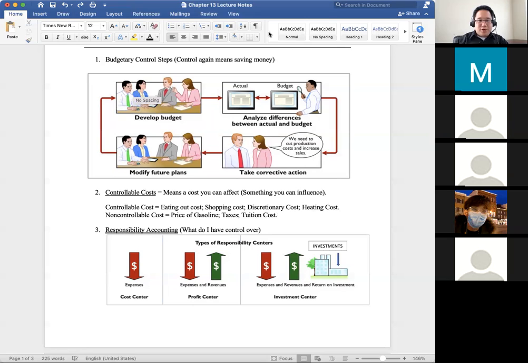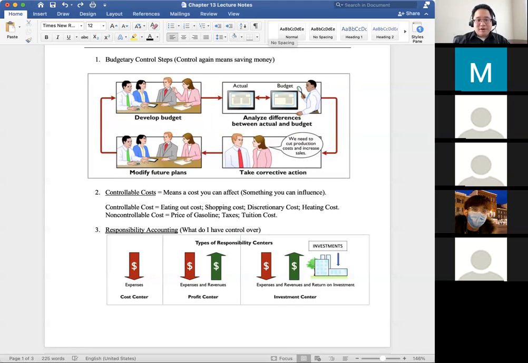So I have a question for you. As a student, what are some controllable costs? What do you think? What are some controllable costs as a student? How about eating out? I mean, it's nice to eat out, but you don't have to, and you can eliminate it if you really need to.